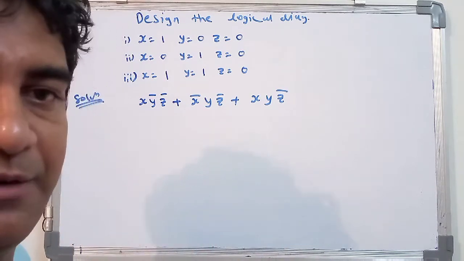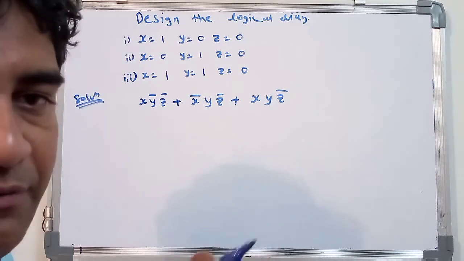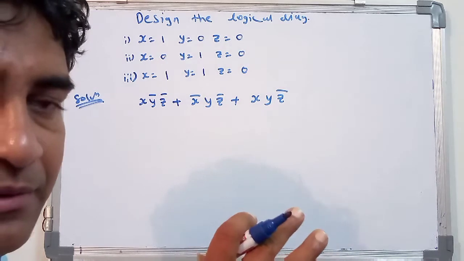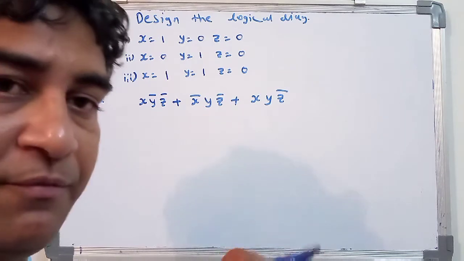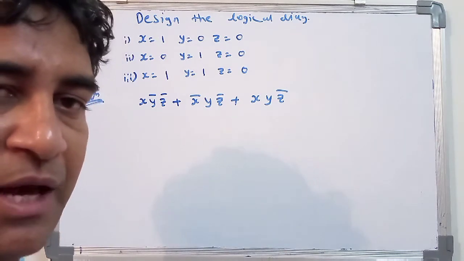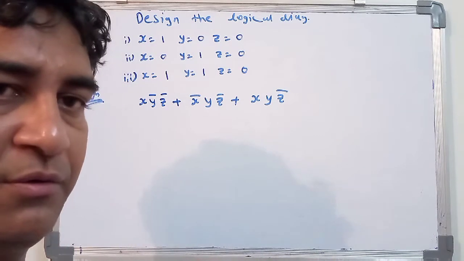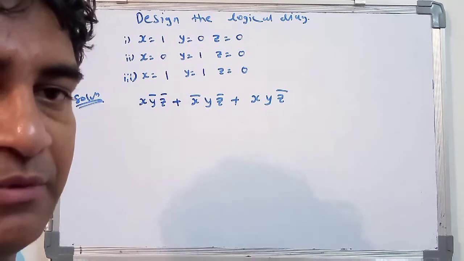With the help of those laws, first we have to solve the equation. In the first problem I told you only about the drawing. But if in an examination anyone asks you to solve the equation and then draw the diagram, then you have to solve this equation with Boolean algebra.